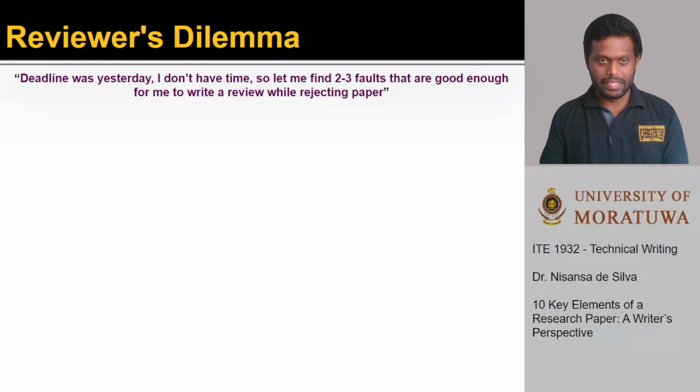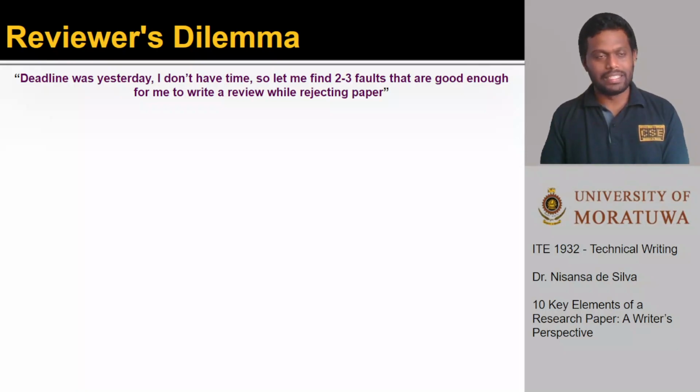These people are very busy and their time is valuable, and sometimes they even miss deadlines, as I have put here. They might miss a deadline or two and be in a hurry to review the papers, and it is an easier thing to reject a paper than to accept a paper.